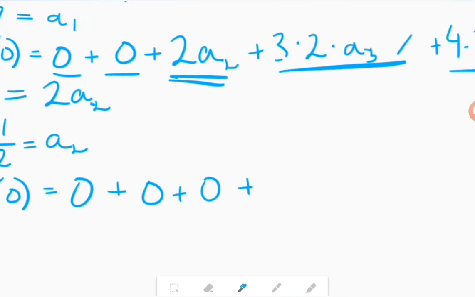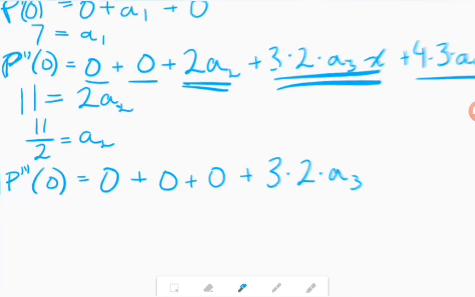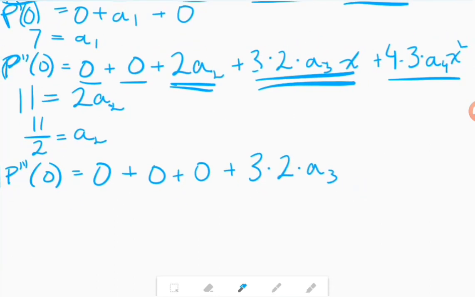Then the derivative of this term, which is times x, is 3 times 2 times a sub 3, since the x just gets left out and a sub 3 is a constant.